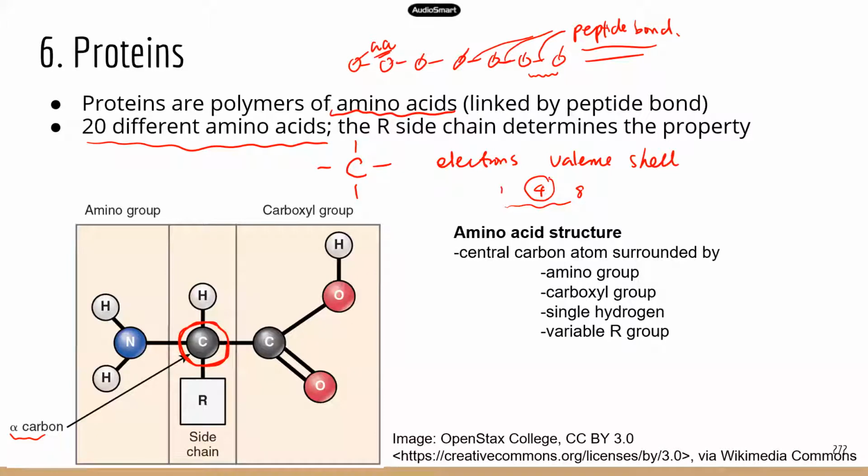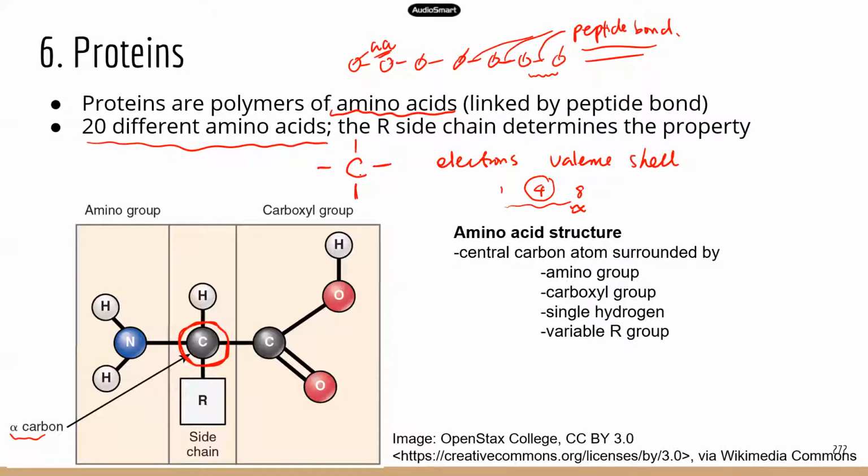Carbon does not like to lose all 4 electrons or gain another 4 electrons to get to 8. So carbon usually shares these 4 electrons with other atoms to form covalent bonds. So carbon usually can form up to 4 covalent bonds.